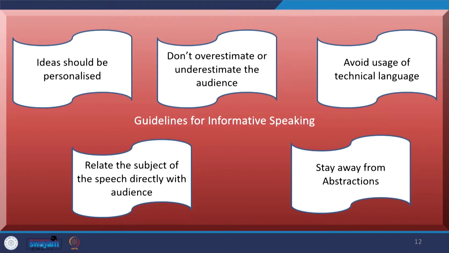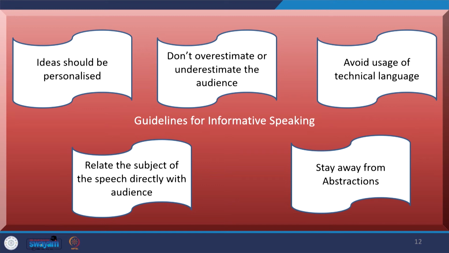Now, having discussed all these subtypes of informative speeches, it is time now that we should find out what could be the guidelines. The first is that ideas should be personalized. One should always relate the subject of the speech directly with the audience.